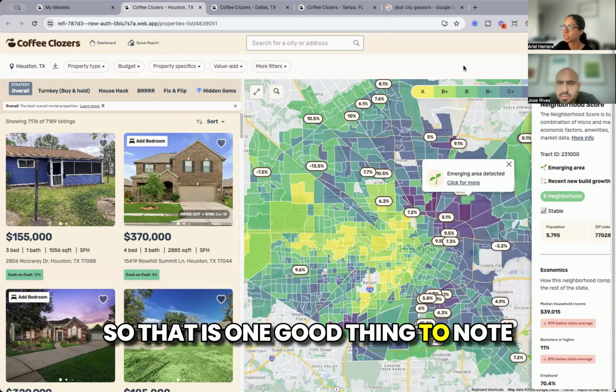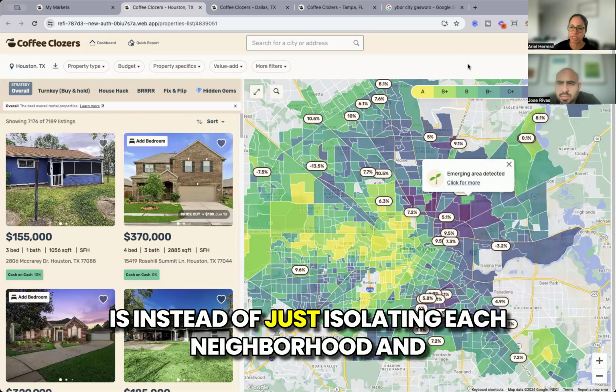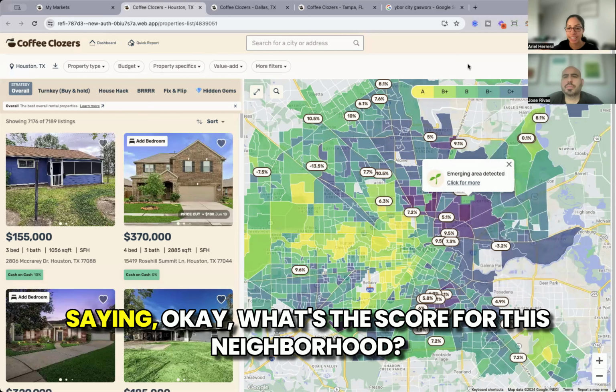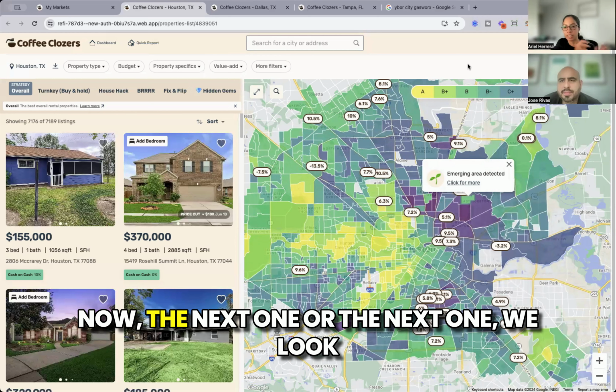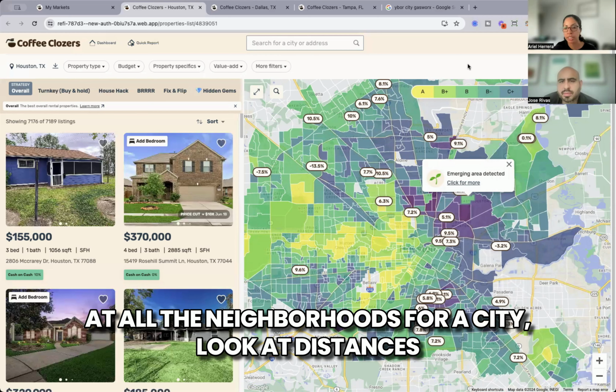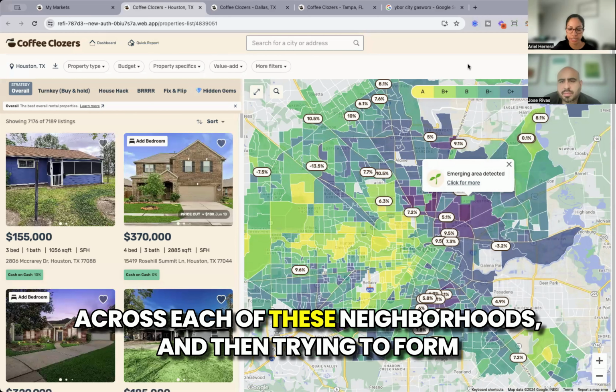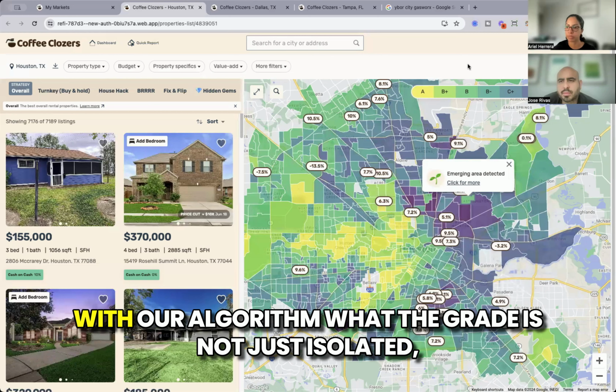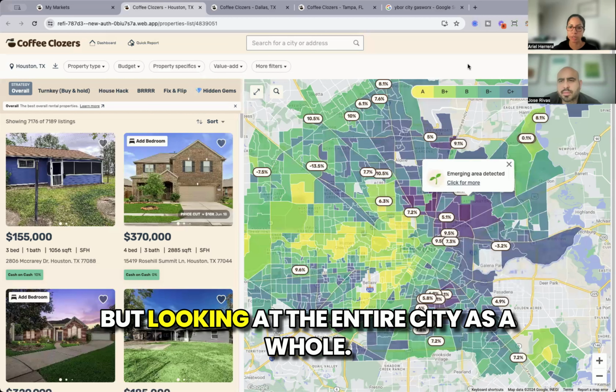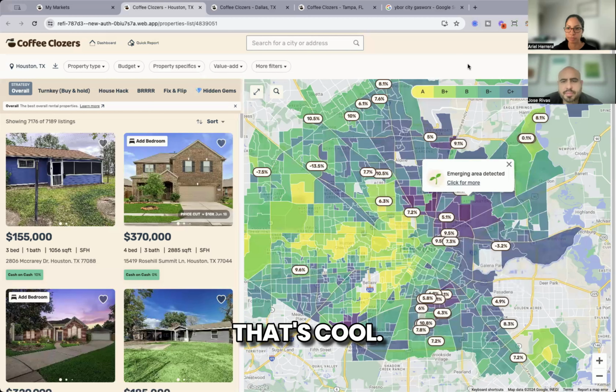One good thing to note is that instead of just isolating each neighborhood and saying, okay, what's the score for this neighborhood, now the next one, now the next one, we look at all the neighborhoods for a city, look at distances across each of these neighborhoods, and then try to form with our algorithm what the grade is, not just isolated, but looking at the entire city as a whole. Oh, that's cool.